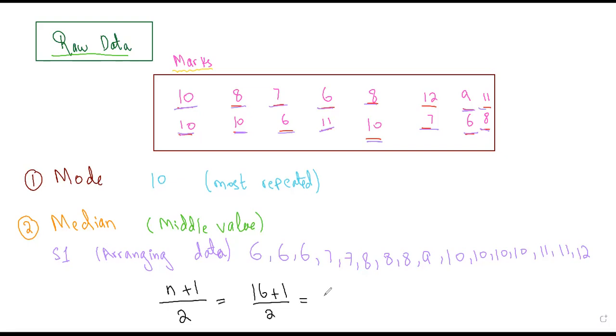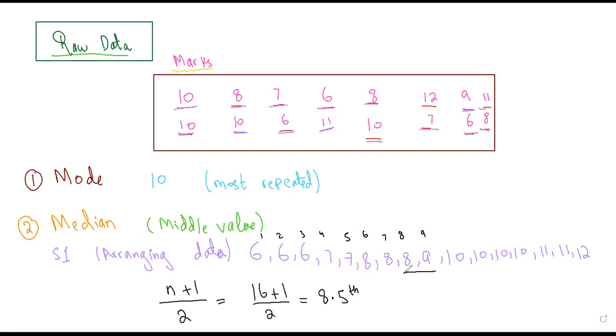So what exactly is it? It is the 8.5 term. We get the 8.5 term by taking the 8th and 9th term. Okay, we need to pick up both the terms. So this is the first term, second, third, fourth, fifth, sixth, seventh, eighth, and 9th.